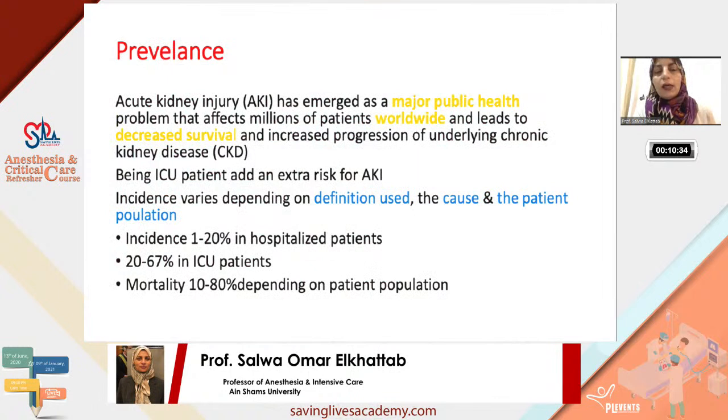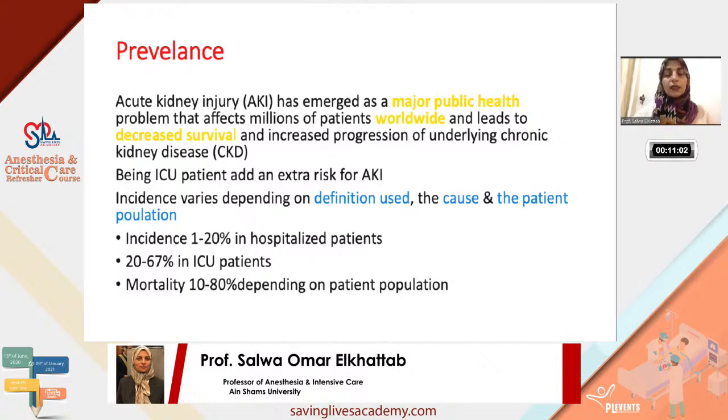Actually, AKI is a major public health problem. It is present in every country, a worldwide problem. Unfortunately, it's associated with increasing mortality and decreased survival. Being a critically ill patient adds more risk for AKI to occur and to lead to mortality.